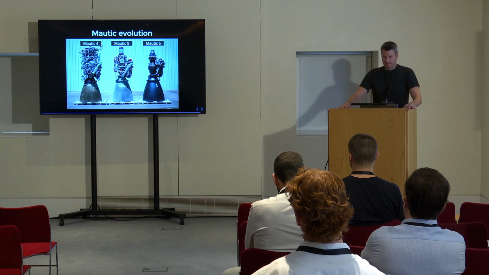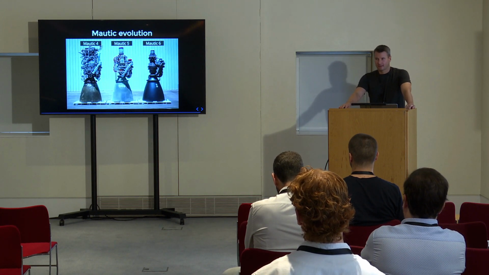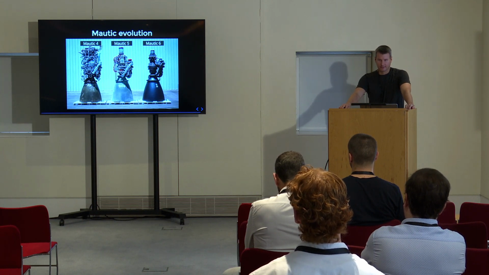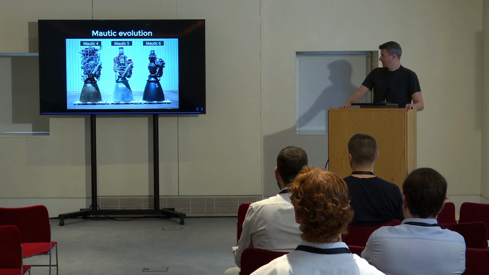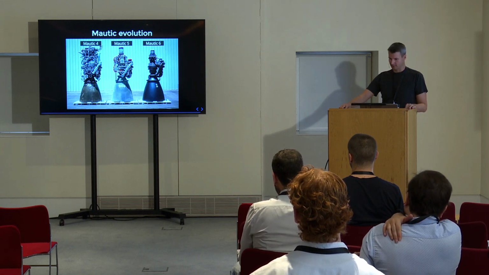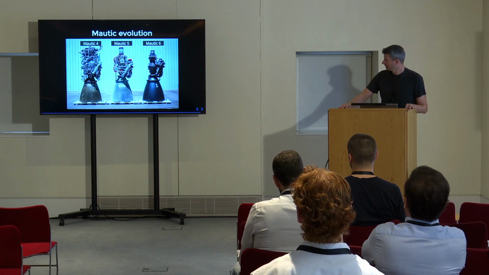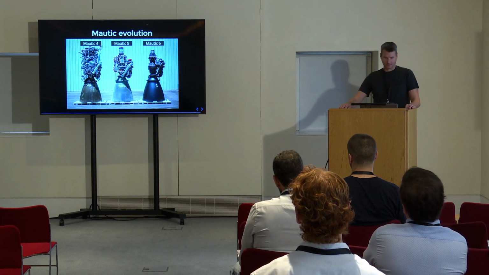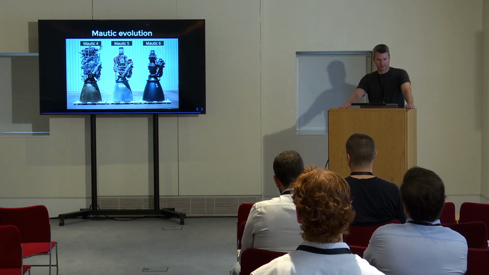All right, so if everything I said is true and marketers will agree, then we could simplify Mautic quite a bit. So this is a photo of SpaceX Raptor engines and their evolution. And Mautic 4 was kind of scary.